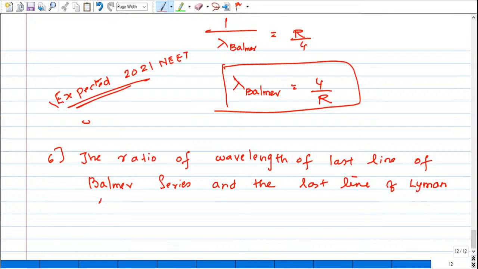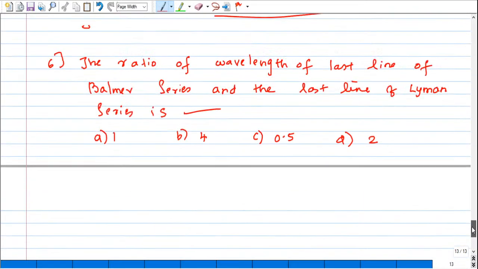It's a very important question. Option A is 1, option B is 4, option C is 0.5 and option D is 2. So we have to find the last line.